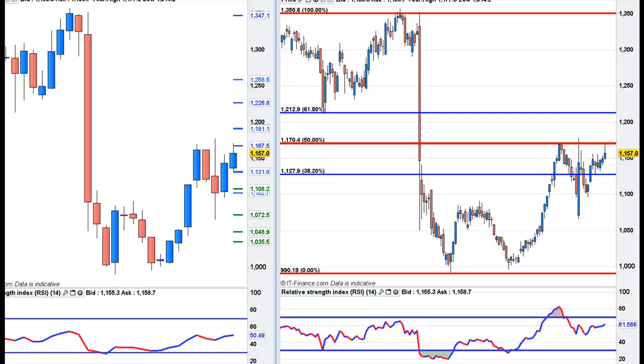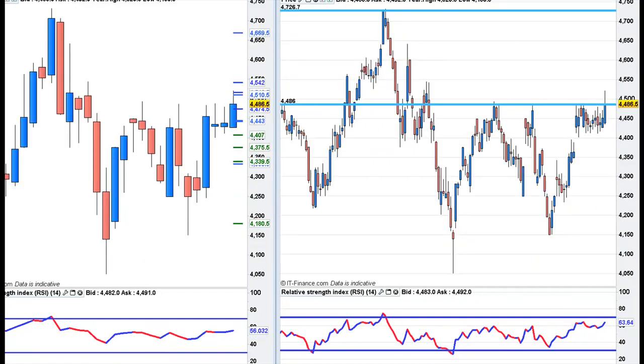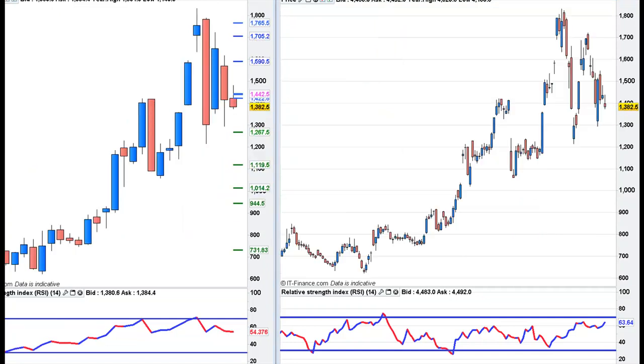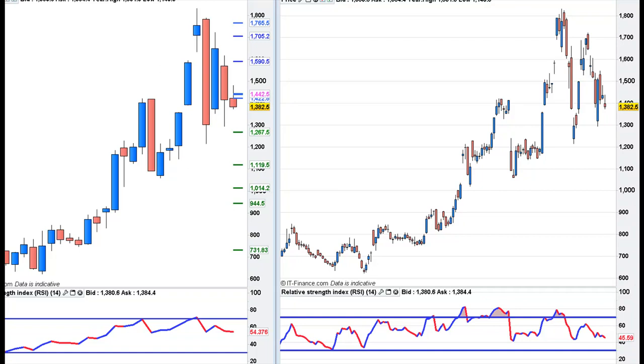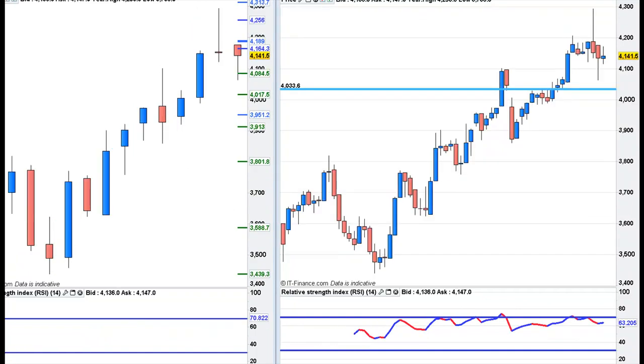The US still has an hour to close, and we've got Verizon having a decent day. Look, that's already broken up. If we can close above that 45, that will go. RIM is having a tough time. That's a very messy chart.